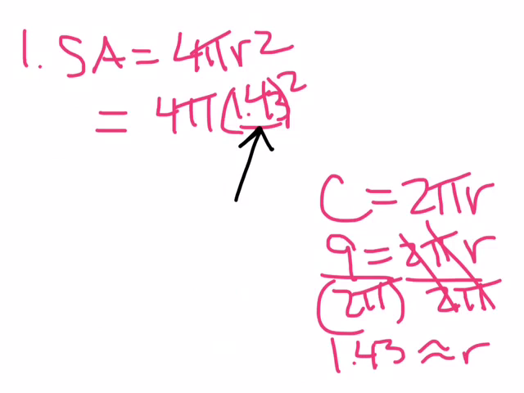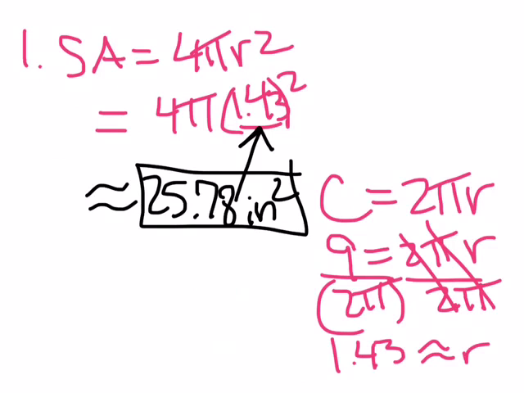It's actually 1.43239, all that. So anyways, square it times 4 pi, it's going to be about 25.78 inches squared. So this is all about, don't round too early.